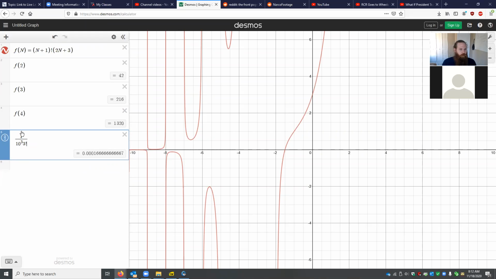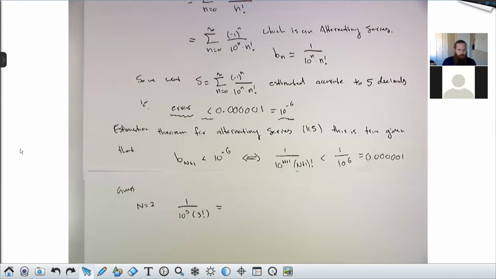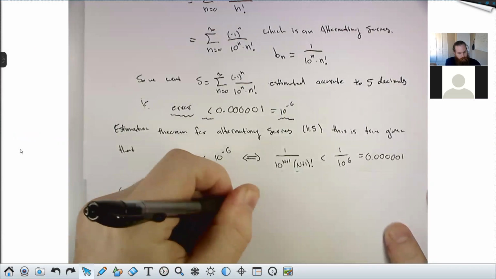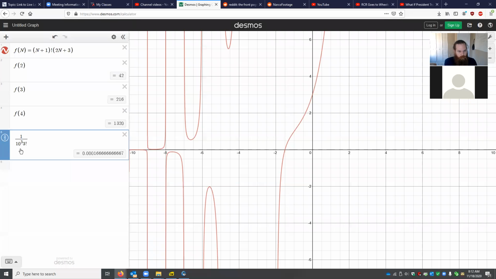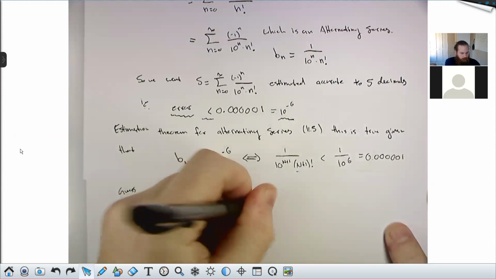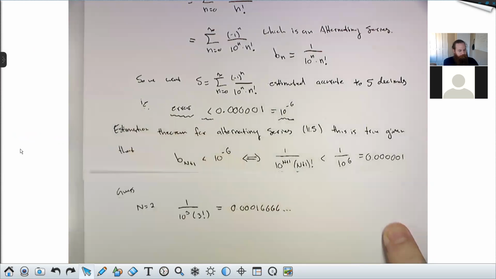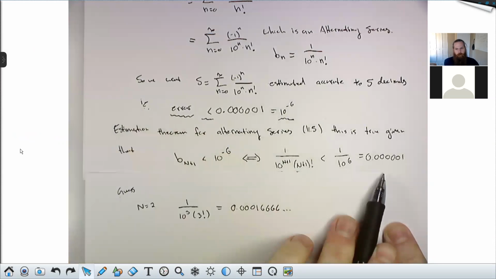So this is 1 over 0.006, which is not small enough. 10 to the negative 6 is 0.000, I'm taking 1, 2, 3, 4, 5, 6. So this guy is 0.0016 repeating. 2 zeros? Yeah, 3 zeros. And this is not yet smaller than this.